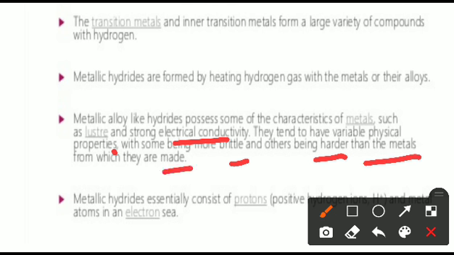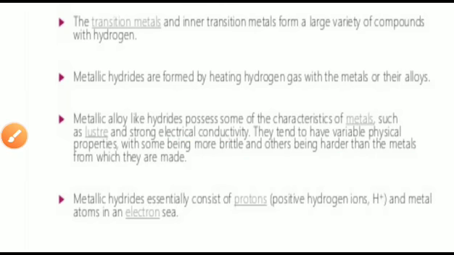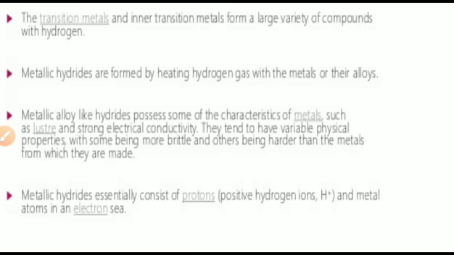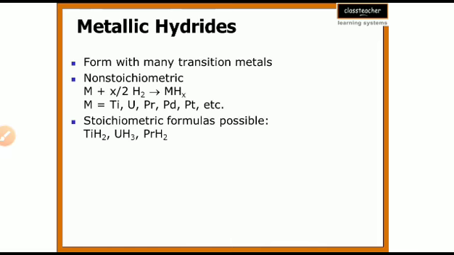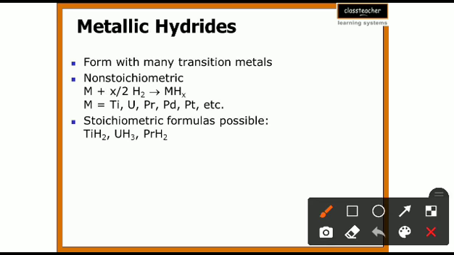The metallic hydride essentially consists of a proton, that is a positive hydrogen ion, and the metal atom in an electron sea. Here the metallic hydride is mostly combined with transition metals. It is formed in this manner: M plus x/2 H2 gives MHx.